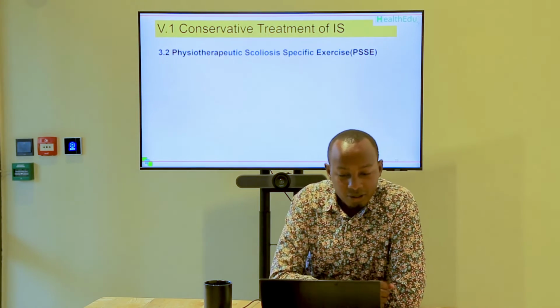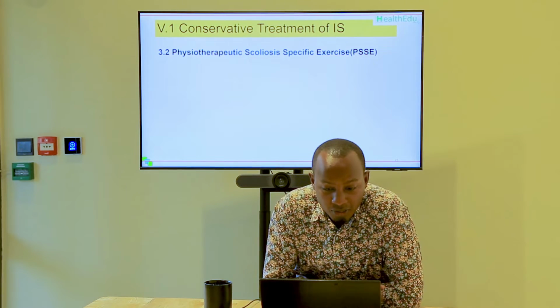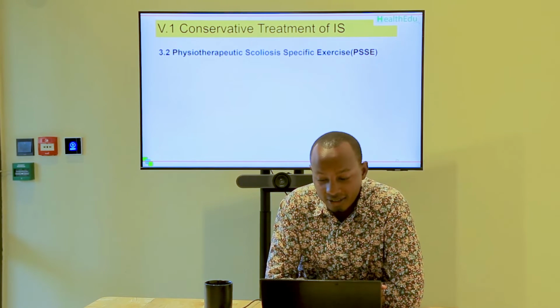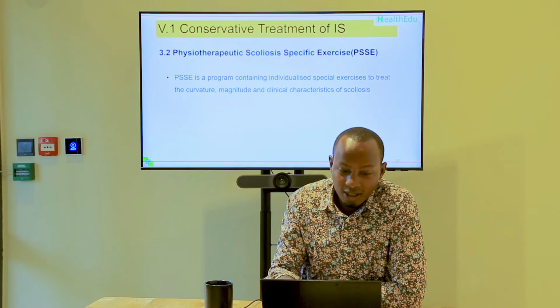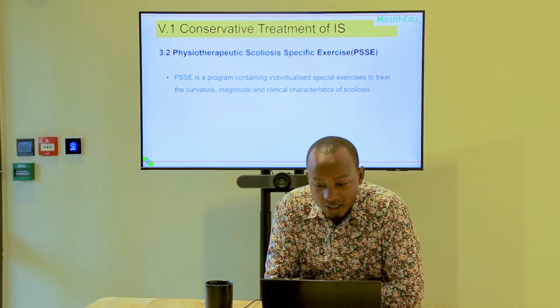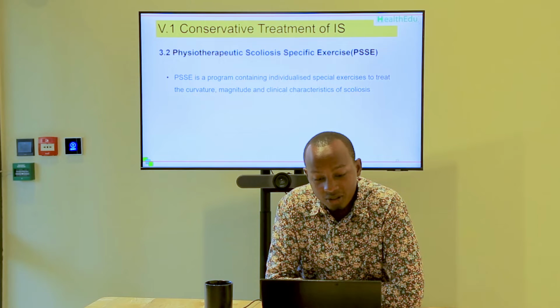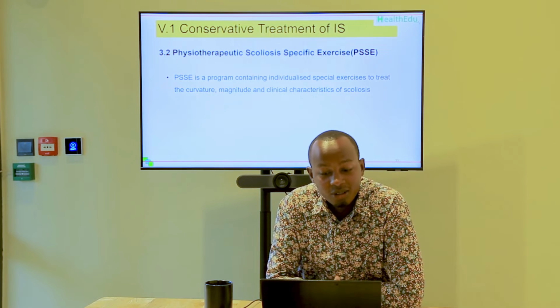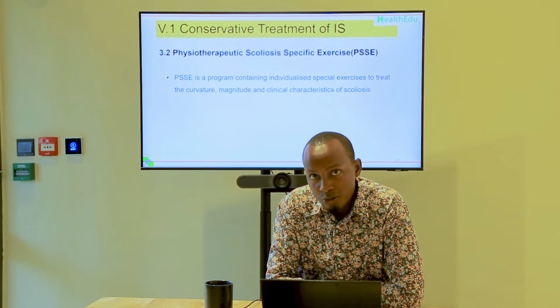So the second treatment is physiotherapeutic scoliosis specific exercises. This PSSE is a program containing individualized specific exercises to treat the curvature, the magnitude, and clinical characteristics of that scoliosis.